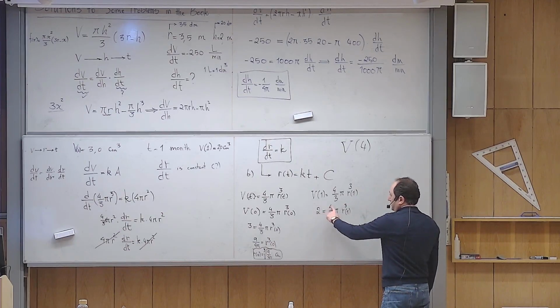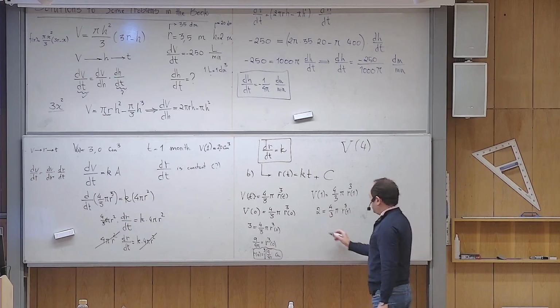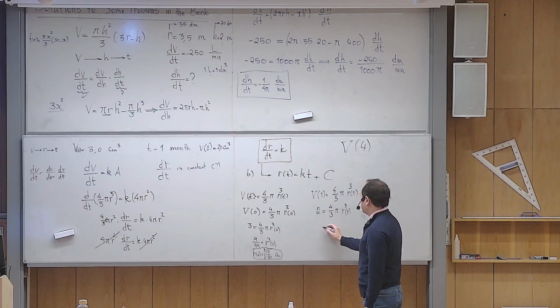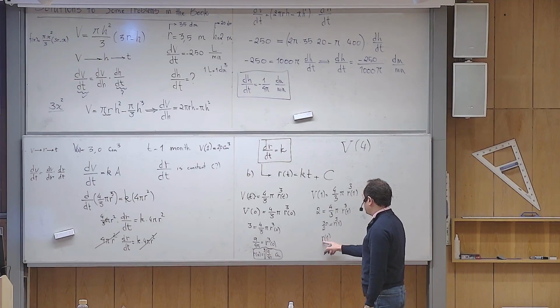So I simplify 2 with this 2 and then it becomes 6 over 4, which is 3 over 2 pi is R1 to the power of 3. So finally, R after 1 month is the third root of 3 pi over 2 centimeters.